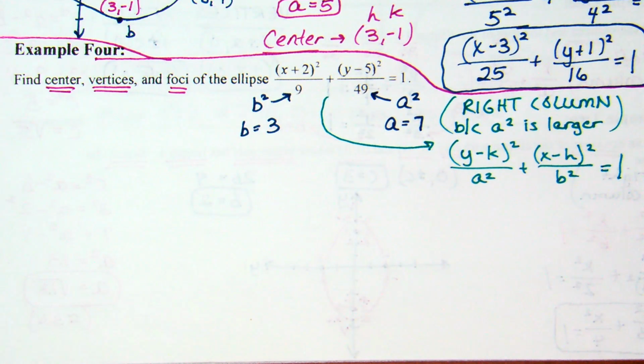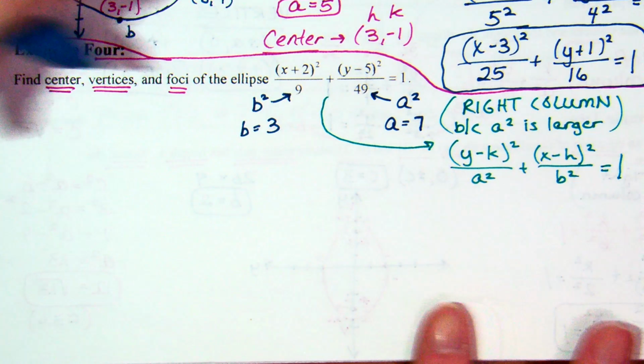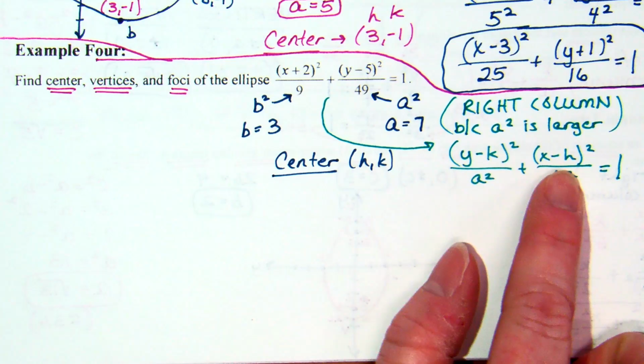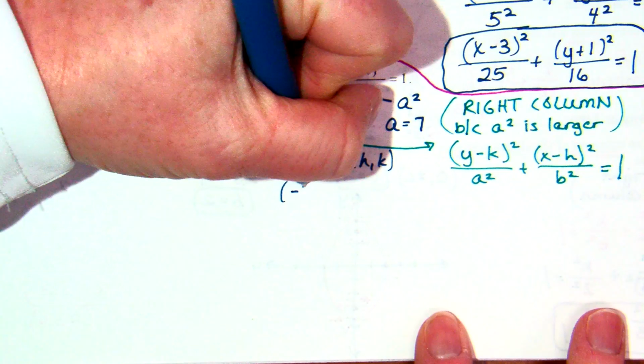Let's see, the center was already identified. Please remember your center is H, K. And so H always comes from the X value. Since it's X plus 2, it's negative 2.